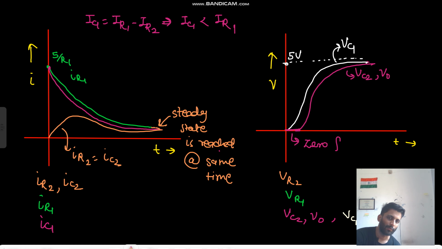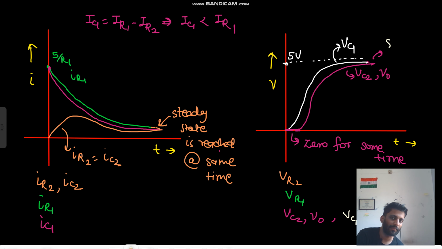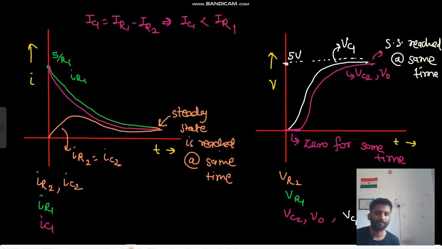Then it charges, follows VC1 and goes to steady state at the same time.